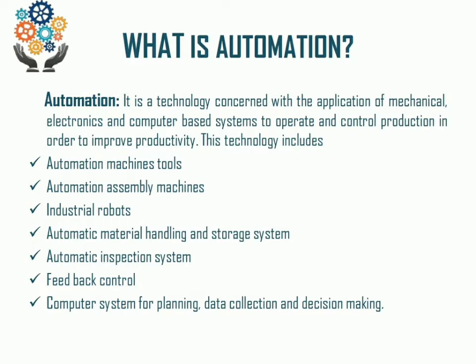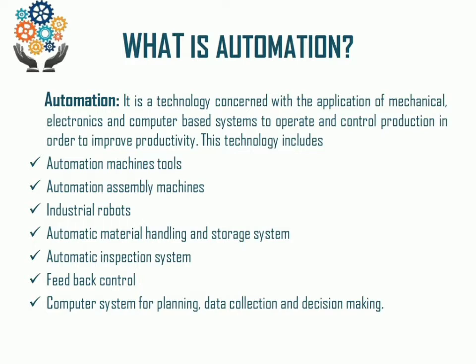So what is automation? Automation is a technology related to mechanical, electronics, electrical and computer-based technologies. But why are these technologies combined? To control the production and to increase the productivity of overall production.